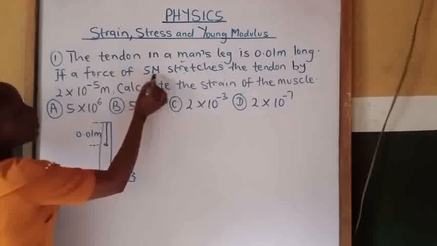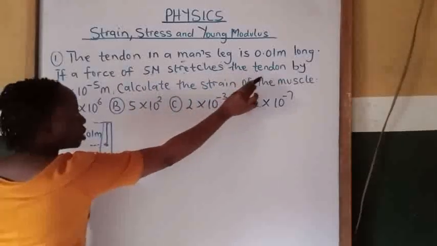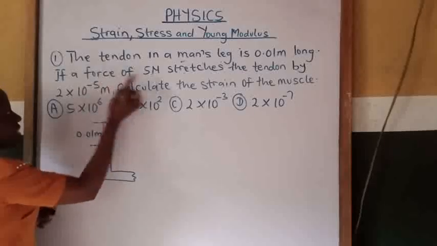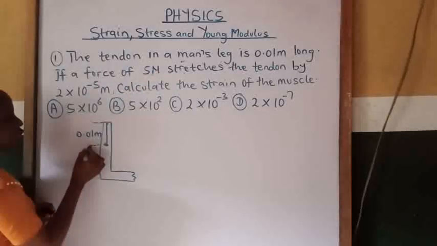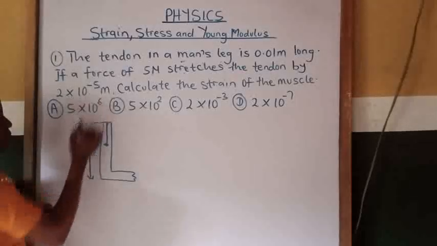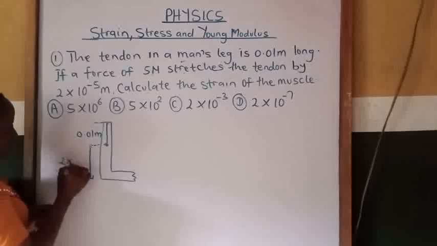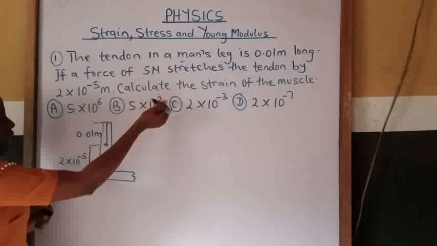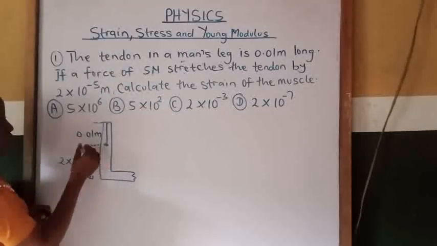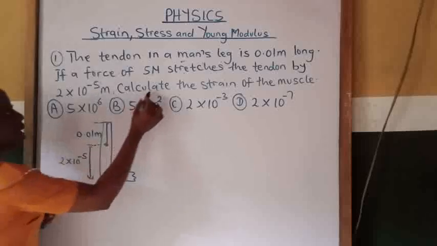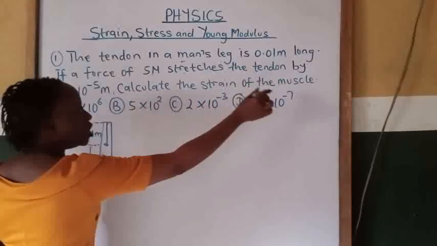If a force of 5 newtons stretches the tendon, so that the length increases by 2 times 10 raised to power minus 5, calculate the strain of the muscle.